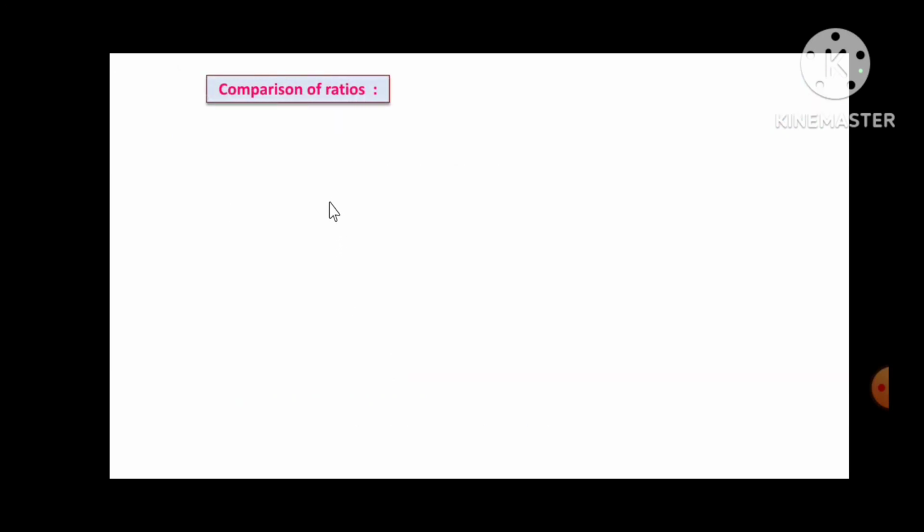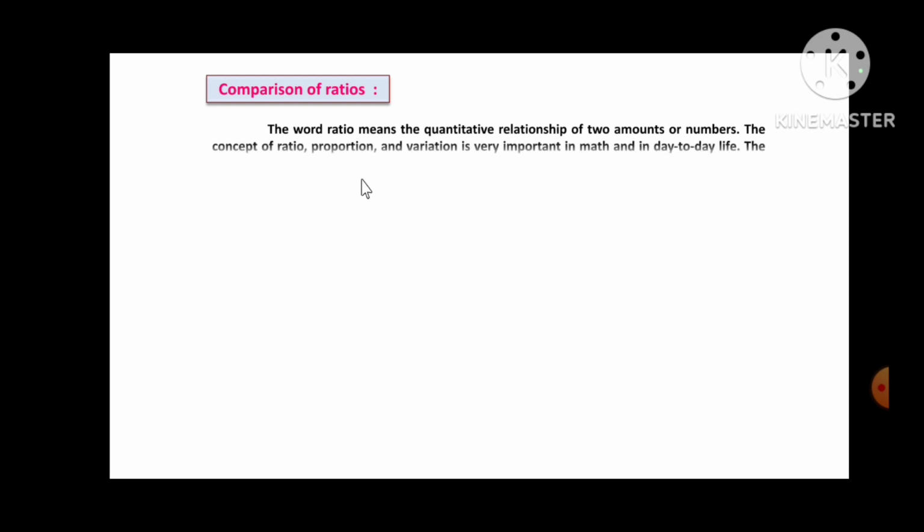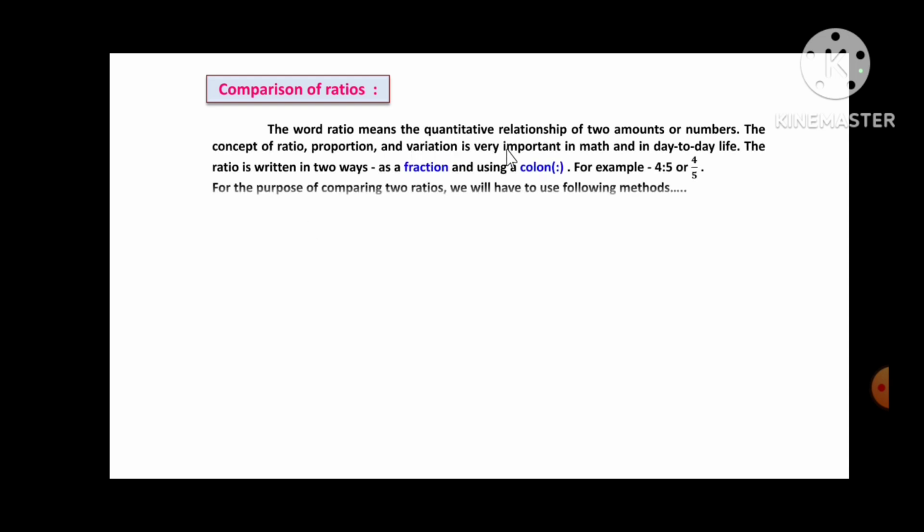Friends, comparison of these ratios. The word ratio means the quantitative relationship of two amounts or numbers. The concept of ratio, proportion and variation is very important in math and in day-to-day life also. A ratio is written in two ways: as a fraction and by using a colon, the two dots.